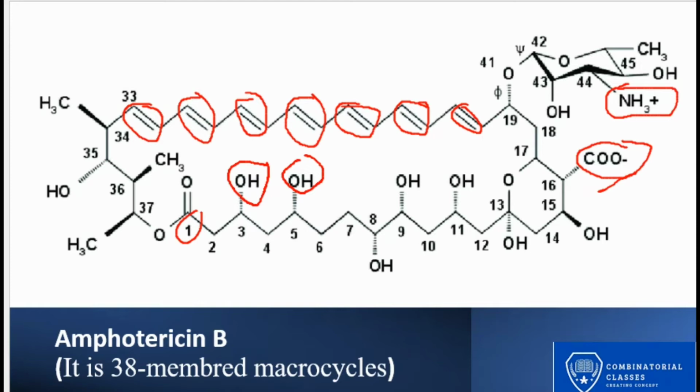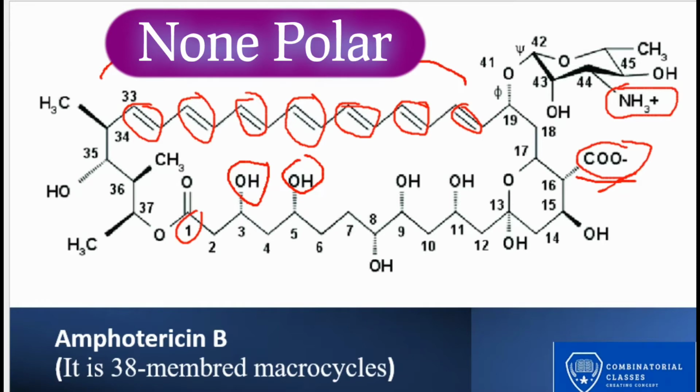This series of hydroxy groups is on the acid portion of the ring, and the other region is the non-polar region, right. Non-polar means it has a hydrophobic character. Hydrophobic character is important for this drug because it binds with the polyenes. This binds the ergosterol in the fungal cell membrane, right.